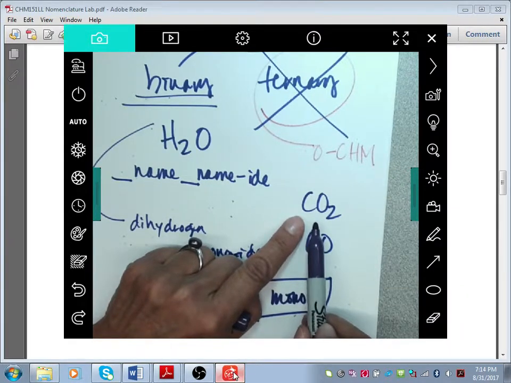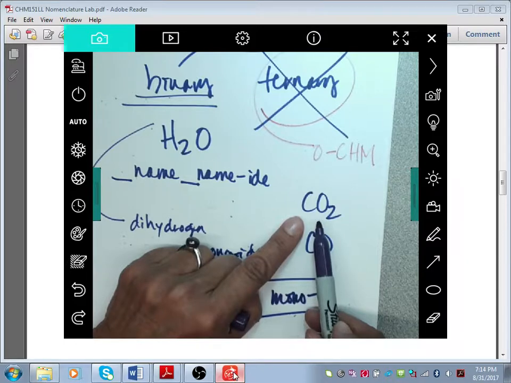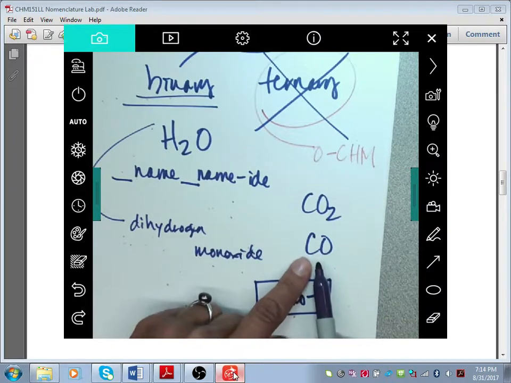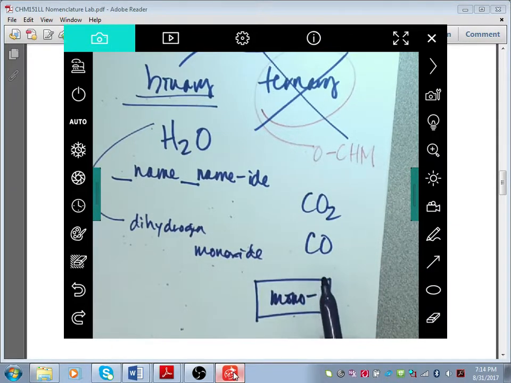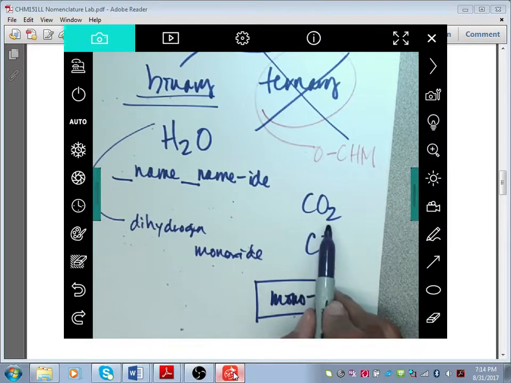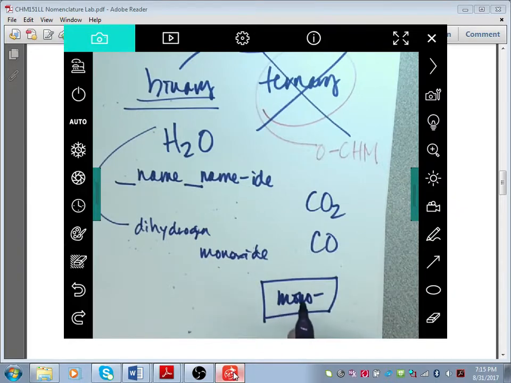You simply call it carbon dioxide, right? You don't call this monocarbon monoxide. You only use the mono prefix if the second thing is singular. Okay? So it's carbon dioxide or carbon monoxide. You drop the mono prefix if it's the first thing, but you got to keep the mono prefix if it's the second thing. Let's try a few more.